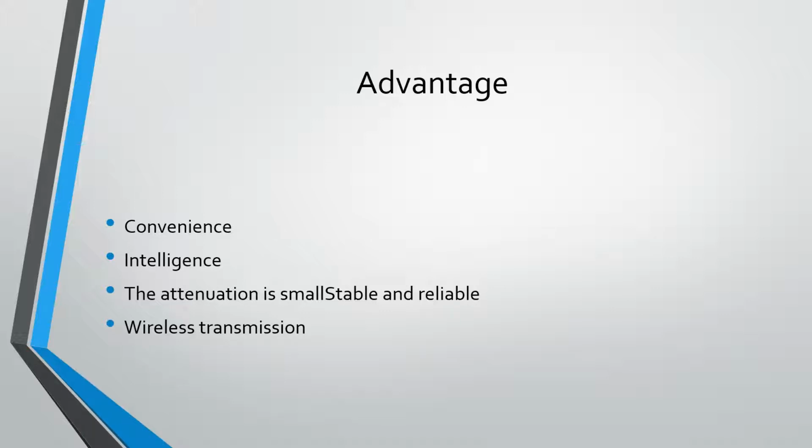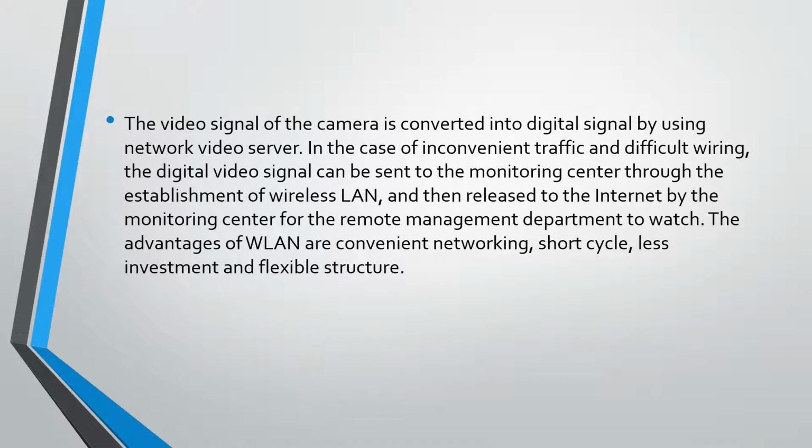The advantage of the DVS is that it is really convenient and intelligent, and it is more stable and reliable. It is using wireless transmission. The video signal of the camera is converted into a digital signal by using a network video server.